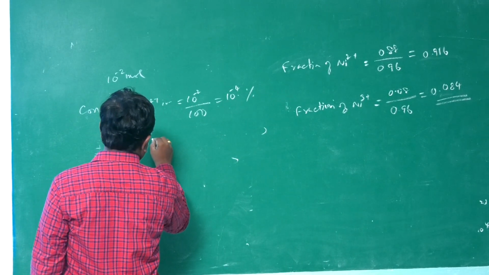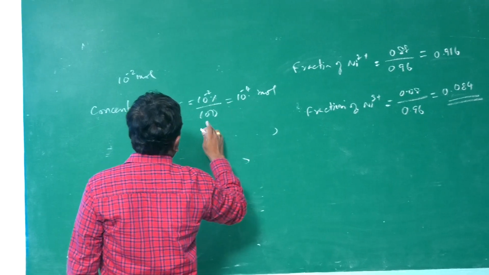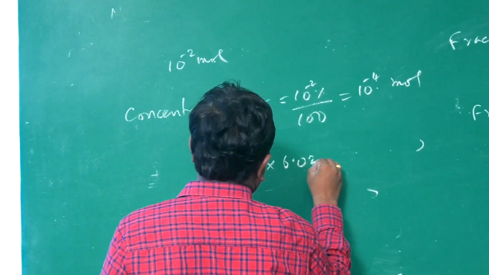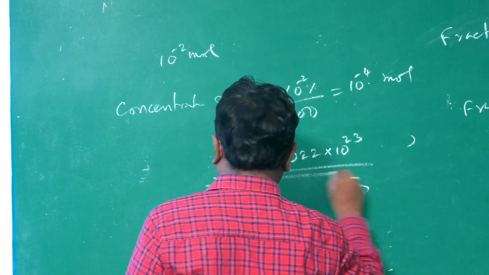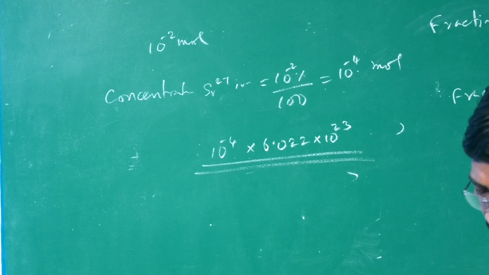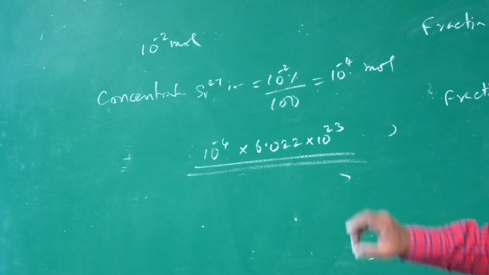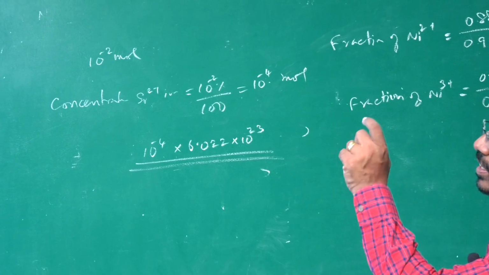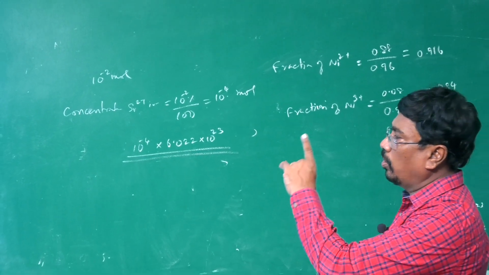Mole percentage is given, so the actual number of moles has to be divided by 100, 10 power minus 4 mole.